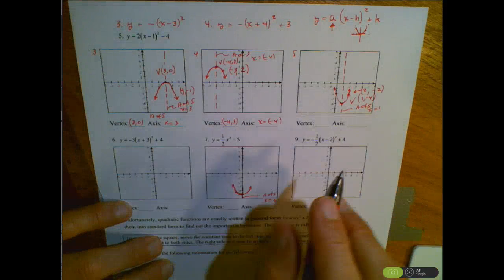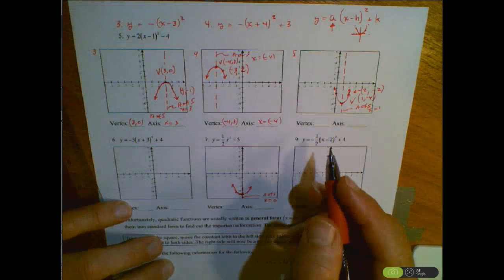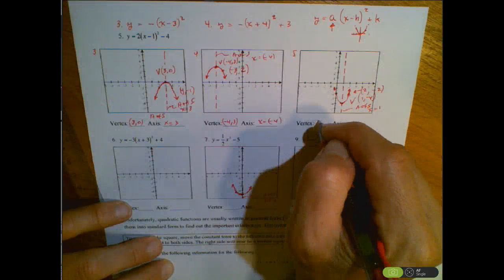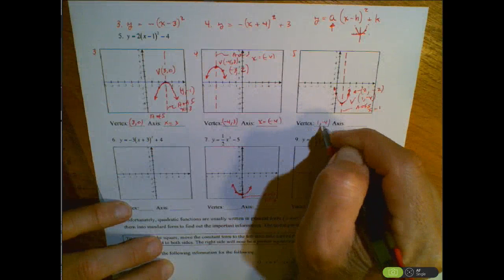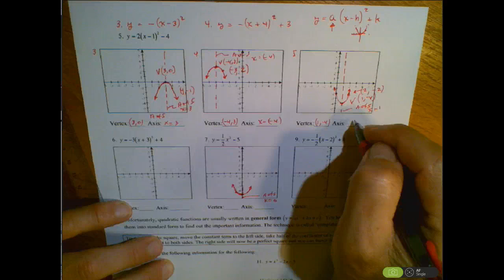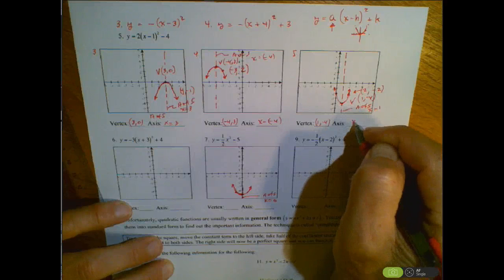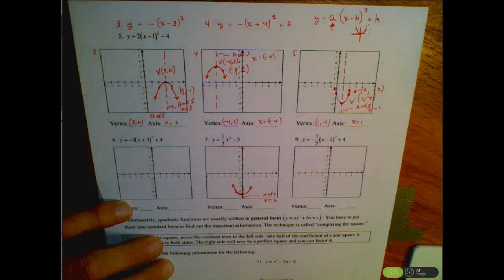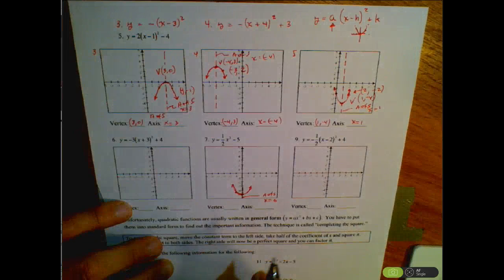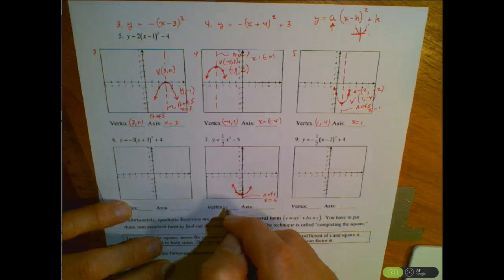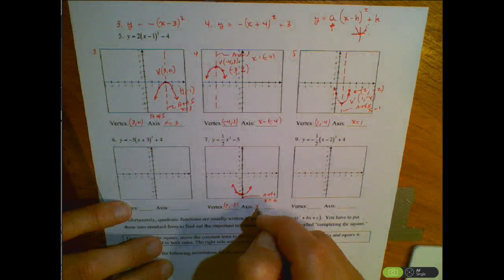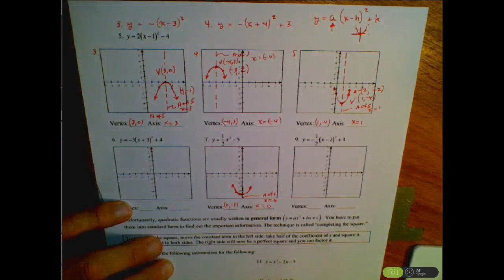So I'm going to jump right back up there really quick now that I noticed it and do that. 1, negative 4 for the vertex, and then the axis of symmetry is x is equal to 1. Okay, now I spotted that mistake. I left that off. I'm going to go back, finish this problem where my vertex now is going to be 0, negative 5. And my axis of symmetry is x is equal to 0, which is the y-axis.